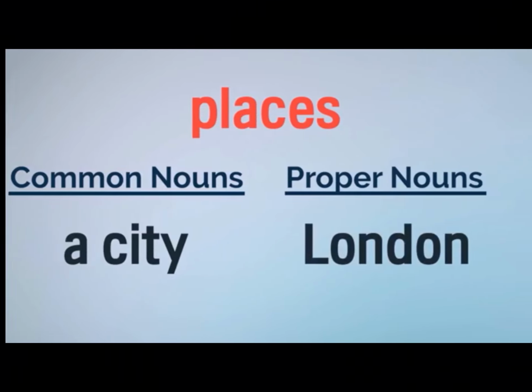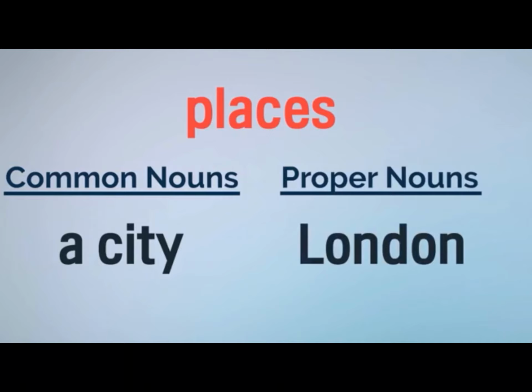We can talk about places, a city, for common nouns. But if we want to use a proper noun, we are naming a specific city. So the common noun is a city, the proper noun is London. Or the common noun is a city, and the proper noun would be Aqaba.